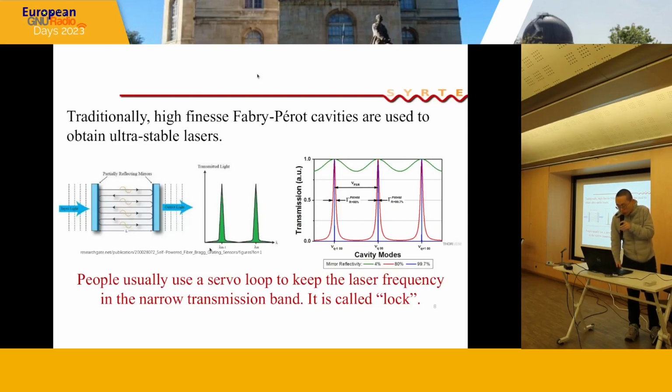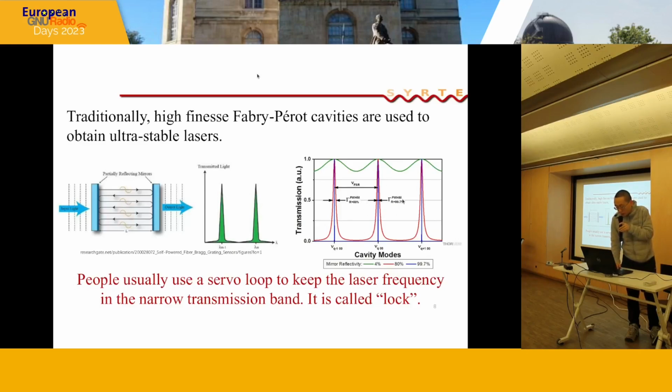As a result, here is the frequency axis, and here is the transmission. With different light frequencies, the transmission is different. Transmission is very high at some frequencies and very low at others, so it acts as an optical filter.